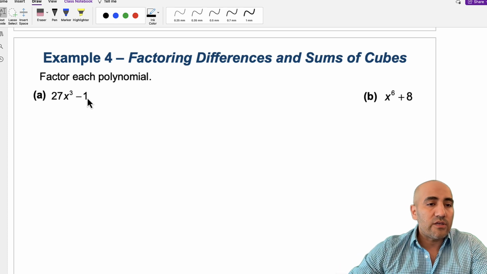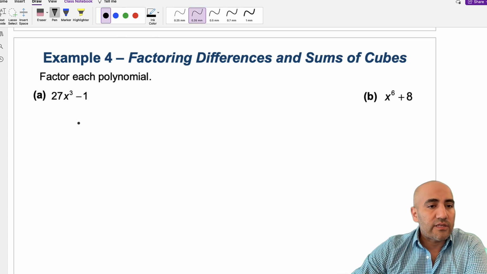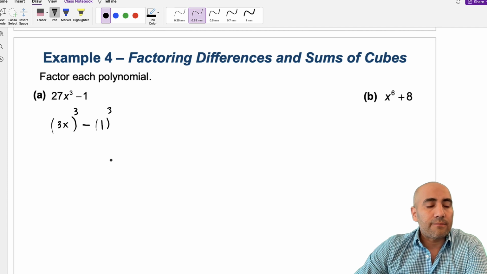What you want to notice is that this, again, fits a particular pattern. I can rewrite the 27 as 3 to the power of 3. So this first term is really (3x) to the power of 3 minus, and then the 1, we can do a little trick where we rewrite it as 1 to the power of 3. Good.